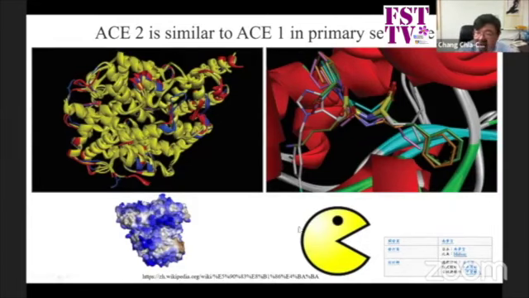We found that the conformation of ACE2 is like a Pac-Man, and those drugs, the ACE inhibitors, may integrate into the cave of the ACE2. But there is no report on whether ACE2 will also be affected by these ACEIs.